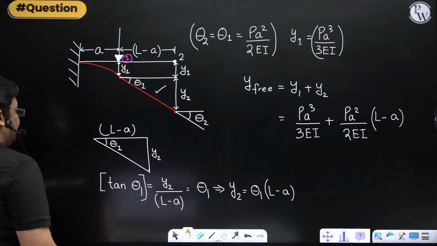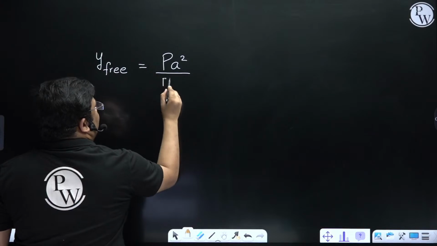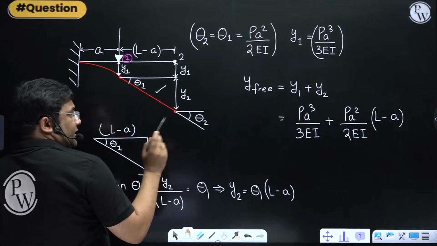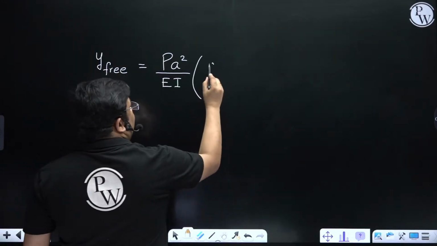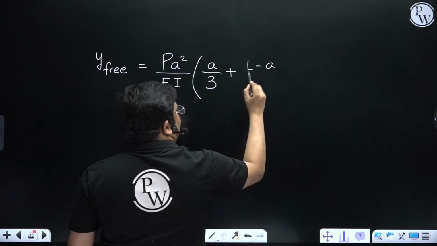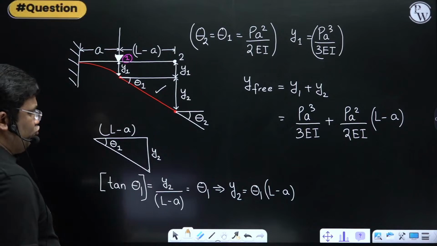The first term is A by 3, and the second term is L minus A by 2.